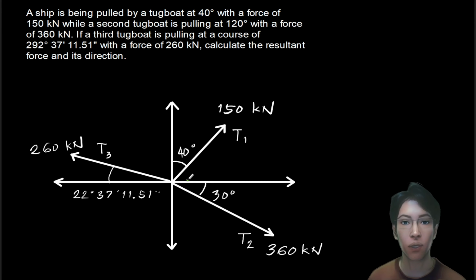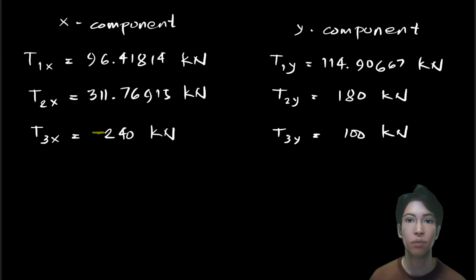For the y component of T sub 1, it's positive over here. So it is on this side. The same thing is true for the y component of T sub 3. It's going up. Okay, so it is on this side. However, for T sub 2, it is over here. So it should be negative. So I will put negative sign.